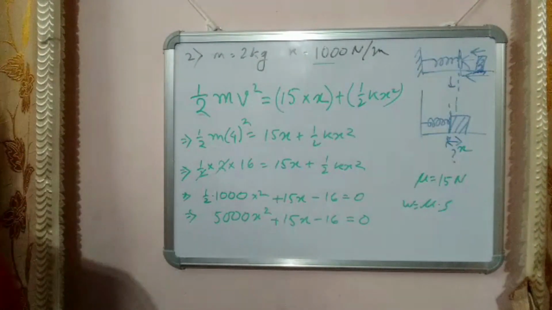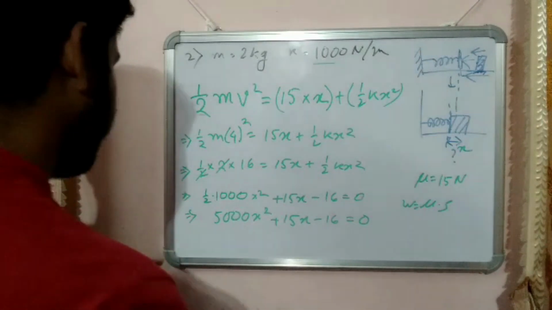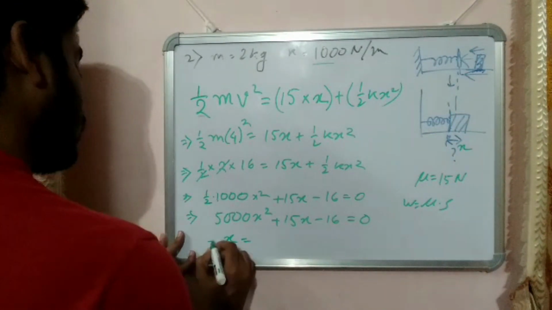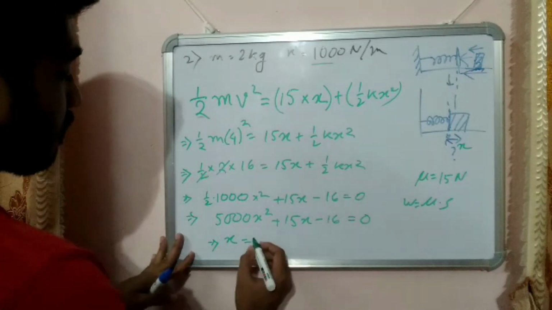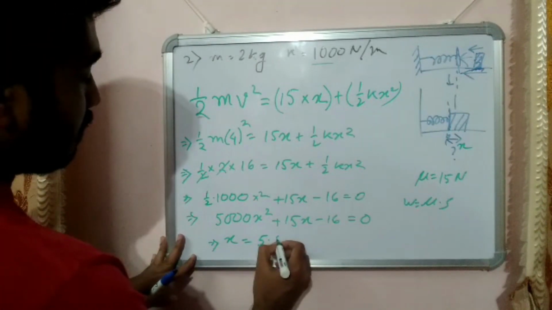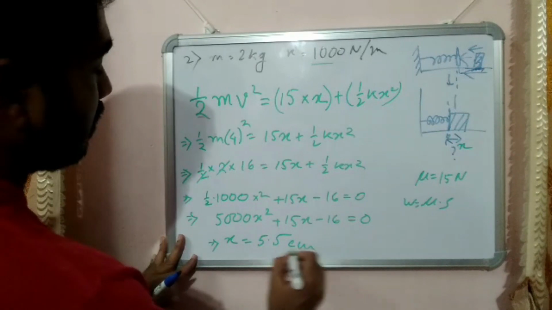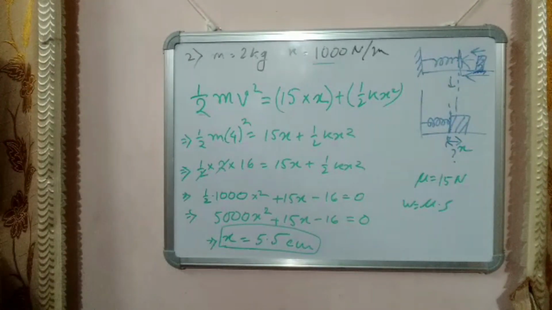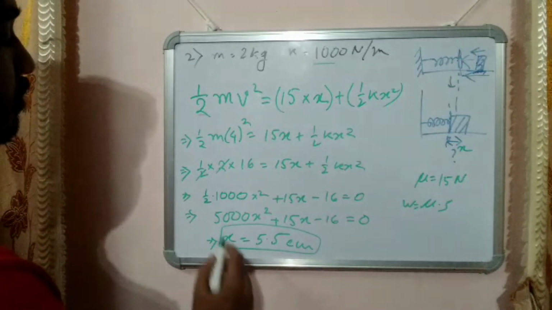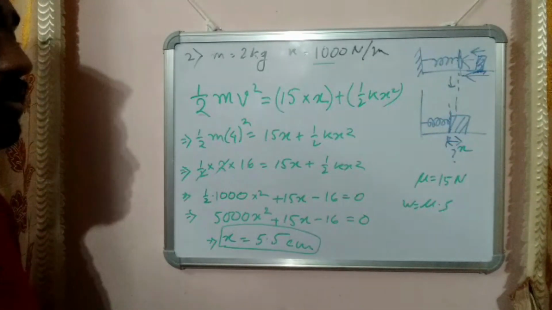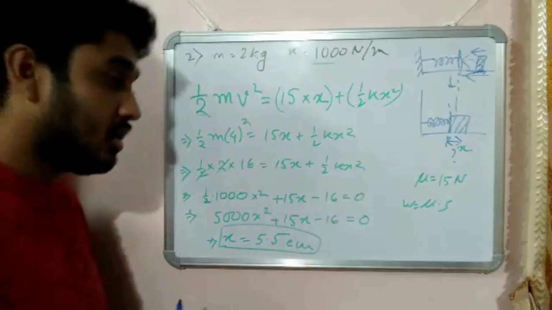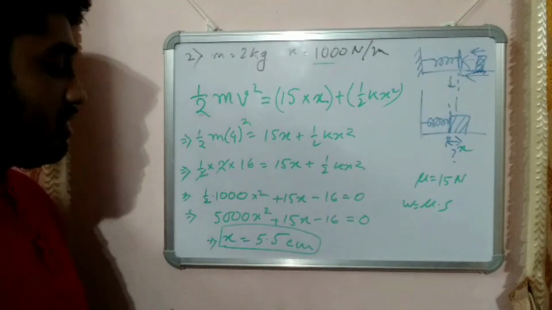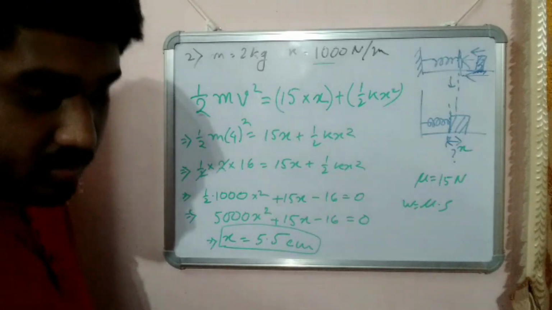Solving this, we will get x equal to 5.5 centimeter. So this will be the answer. This problem could be solved by the middle term factor method, and you have to practice the mathematics for faster calculation.